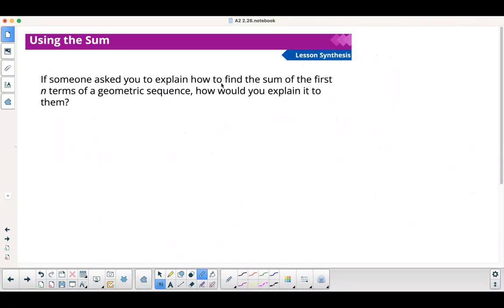All right. So if someone asks you to explain how to find the sum of the first n terms of a geometric sequence, how would you explain it? I would say, well, you better know the formula. And I would say A is the initial value. R is your growth rate or growth factor, I guess.